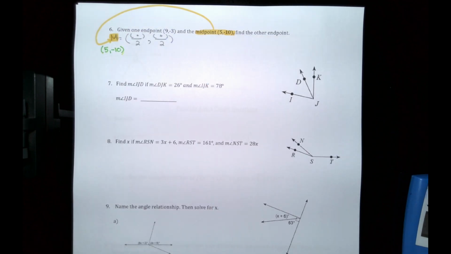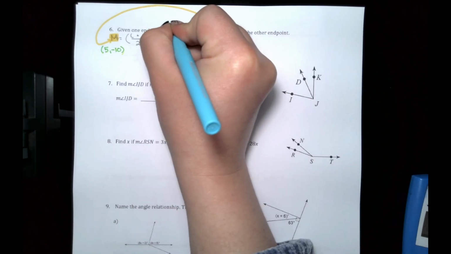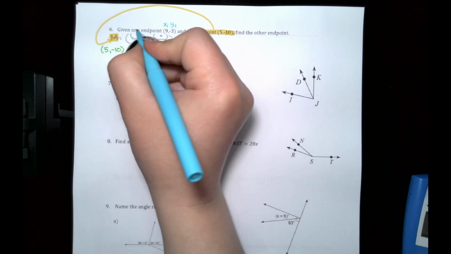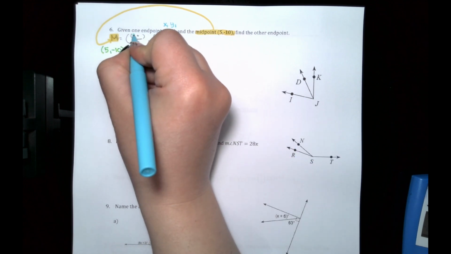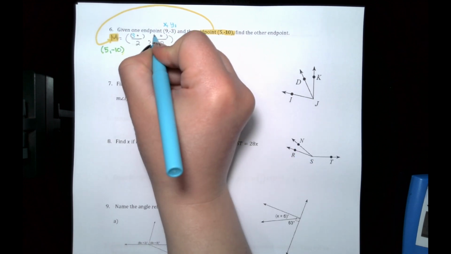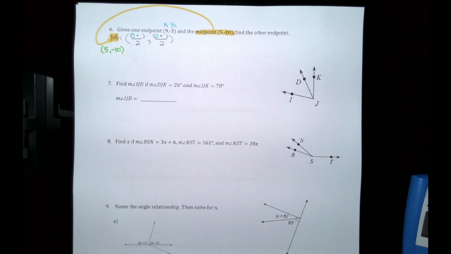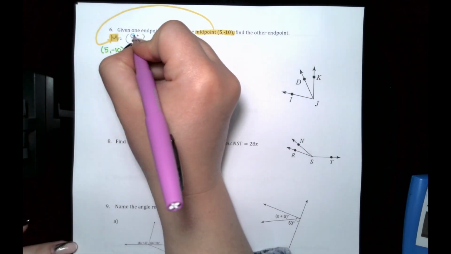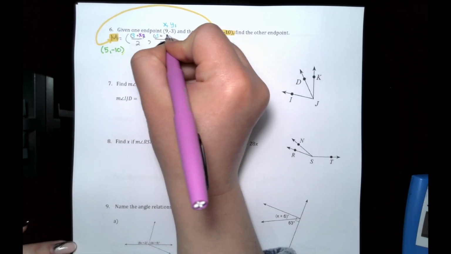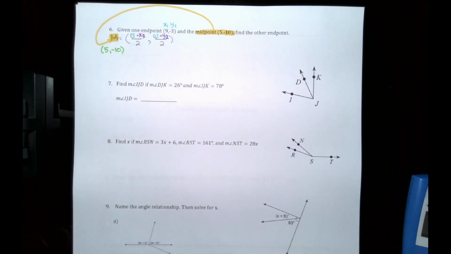Okay, next I am going to write in my endpoint of x1, y1. So x1 is 9, y1 is negative 3. And you'll notice you end up having these two little sections that are blank. There's nothing inside them. Those sections are your x2 and y2 sections.